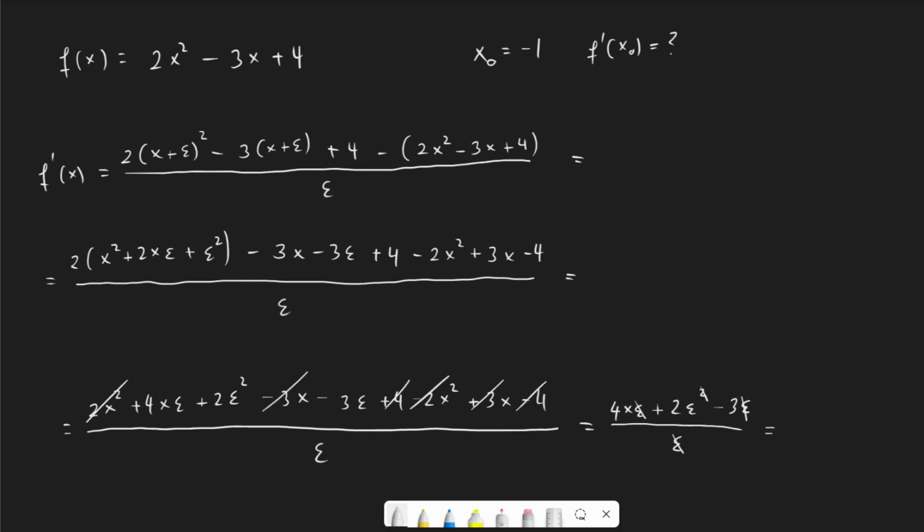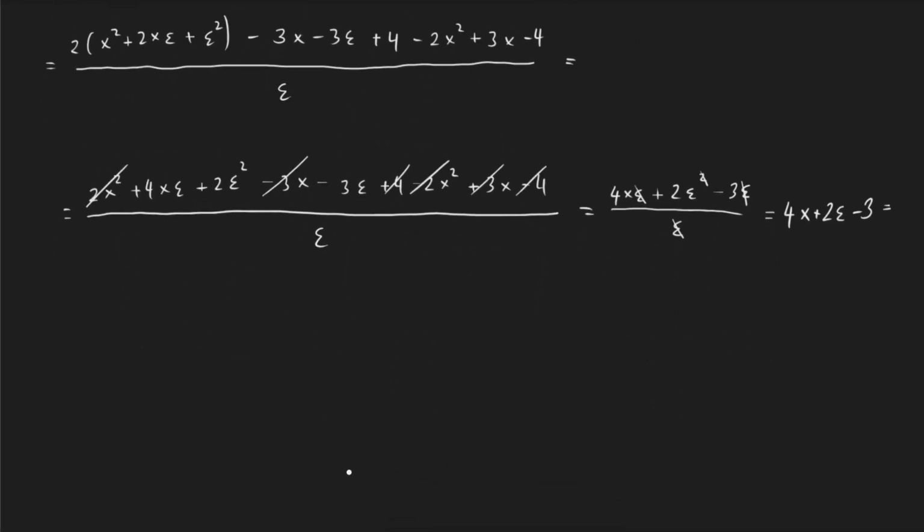So what we have is 4x plus 2 epsilon minus 3. And since epsilon is much less than 1, so, I don't know, 10 to the power of -5, for example, this is much less than 1.